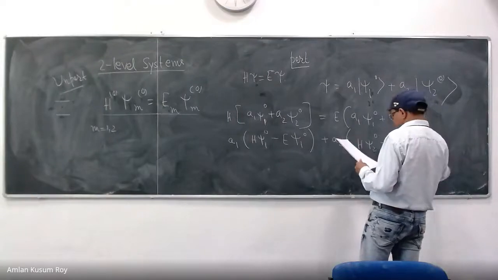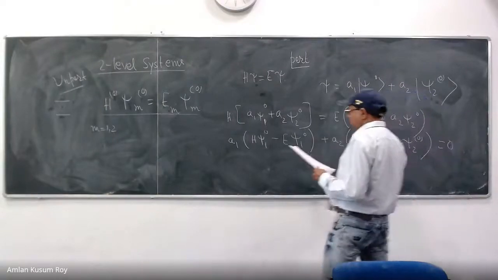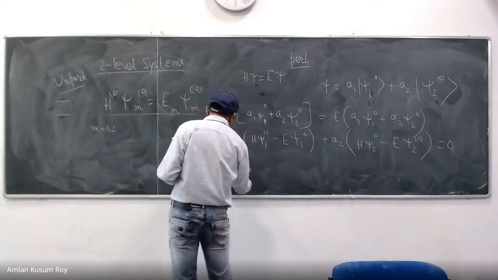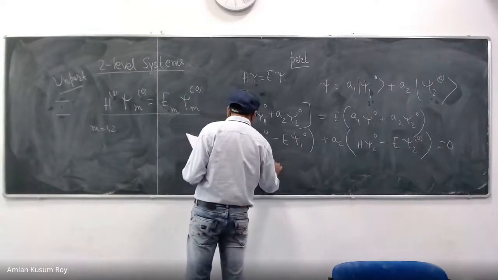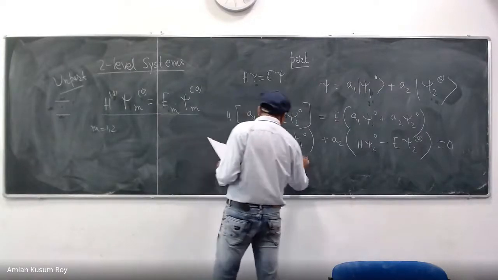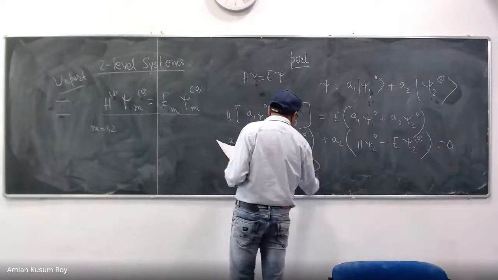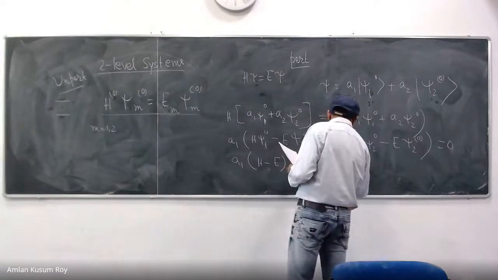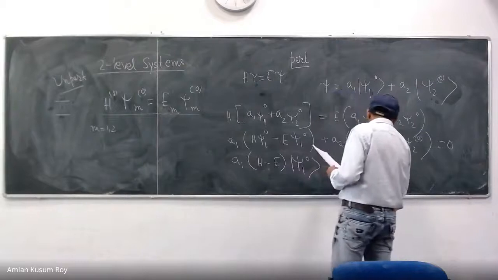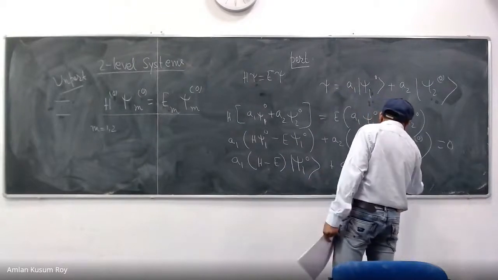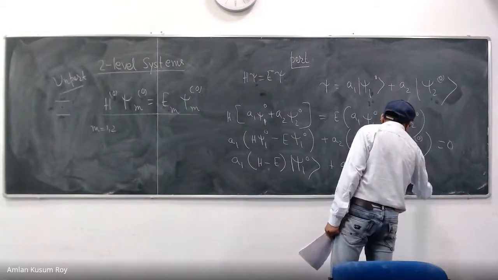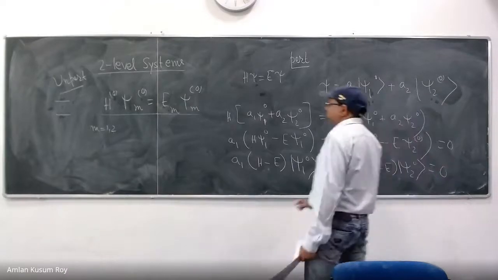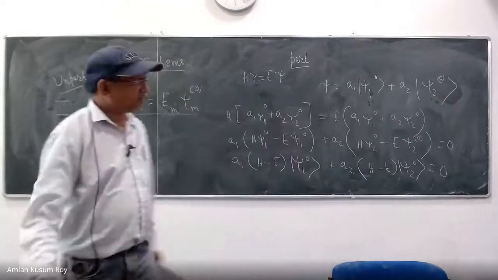Just rearrange. So that means I can write A1 into (H minus E) psi 1 0 plus A2 (H minus E) psi 2 0 equals 0. I can write this equation.